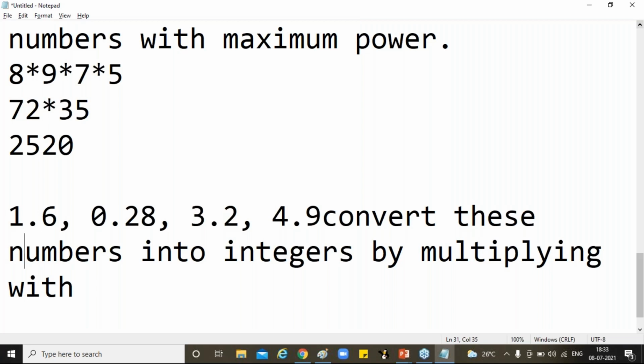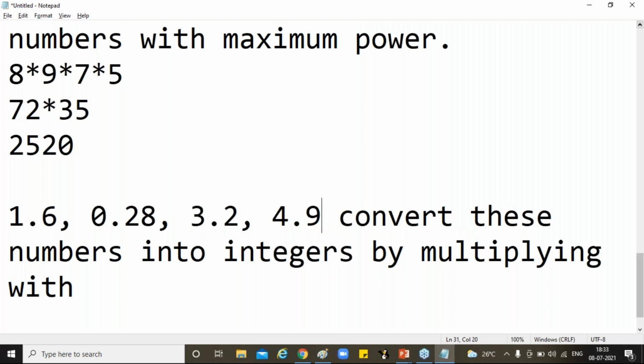If you want to convert 1.6 into an integer, ma, 10 is enough to get 16. 0.28 is converted into an integer by multiplying with 100, because there are two decimal places. 3.2 has only one decimal place, so 10 is enough. Here also only one decimal place, 10 is enough.